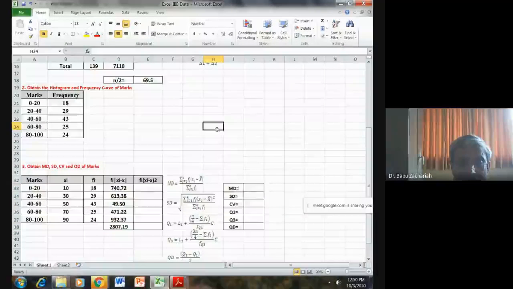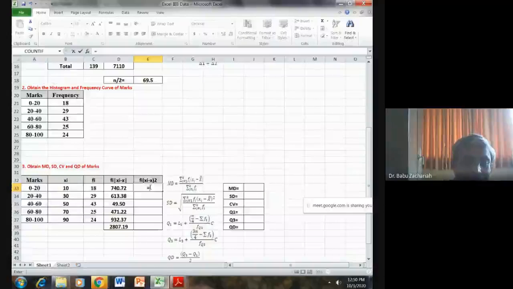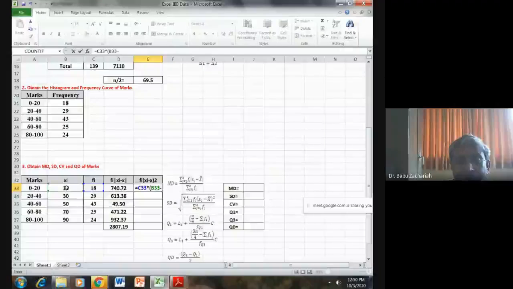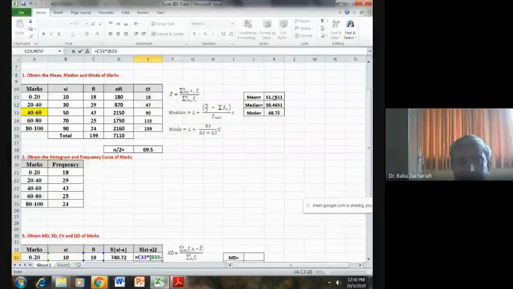Okay, the next one is fi into (xi minus x bar) the whole square.